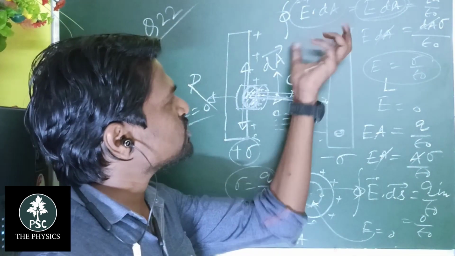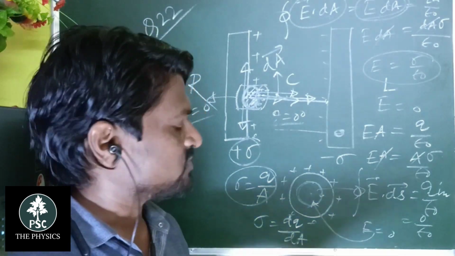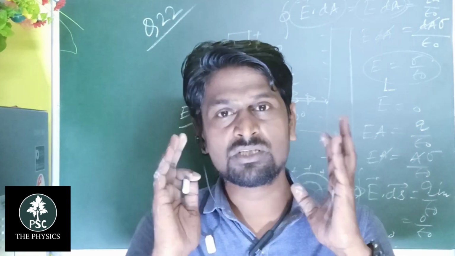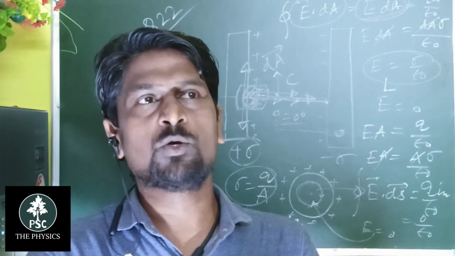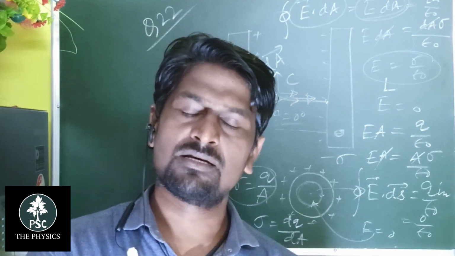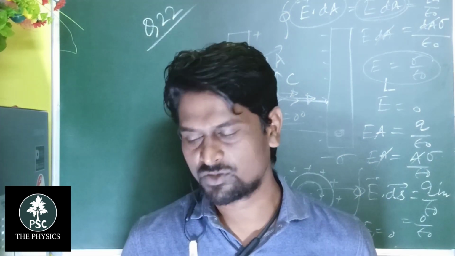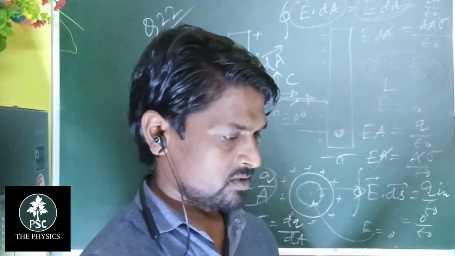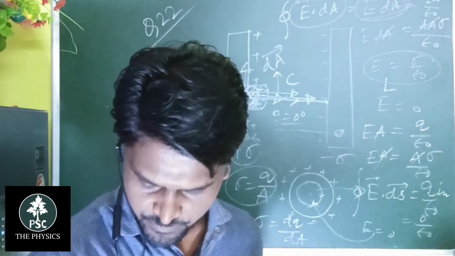So think about the Gaussian surface and Gauss's law, and you can go through the previous lectures to grasp those concepts. For the next one, we can go to question number 23.